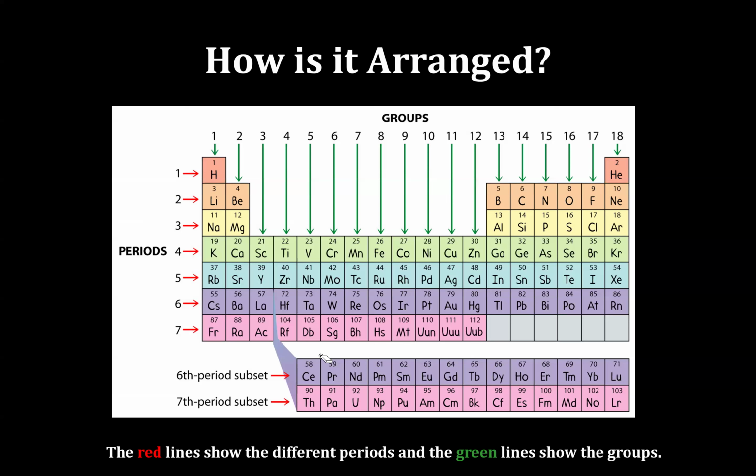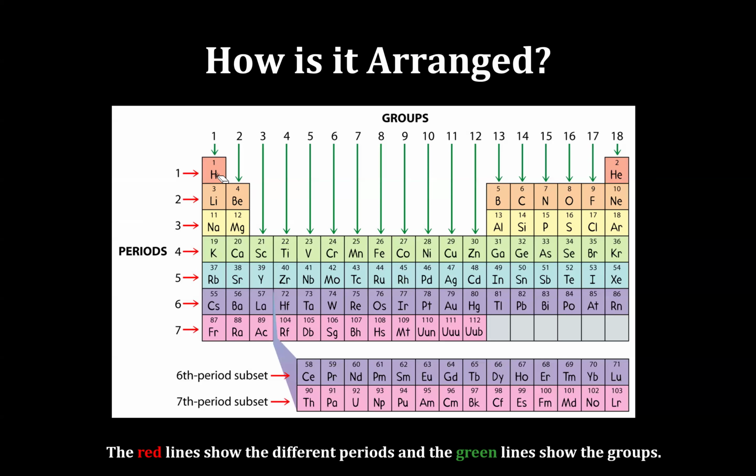And the elements in periods and groups are arranged according to increasing what? Atomic number, or number of protons. When I say lithium 3, that simply means how many protons? 3 protons.